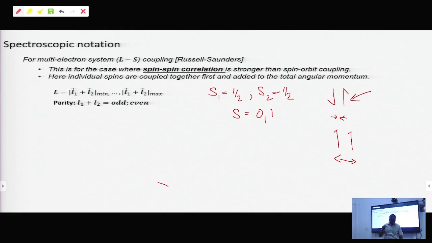In that case, this will be less repulsive than the anti-parallel case, so it will be more negative in terms of energy.